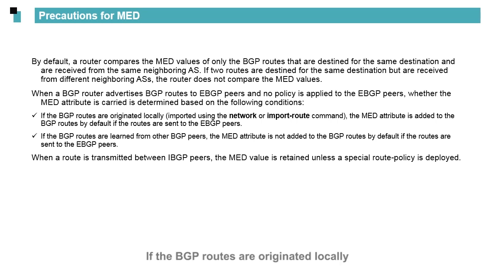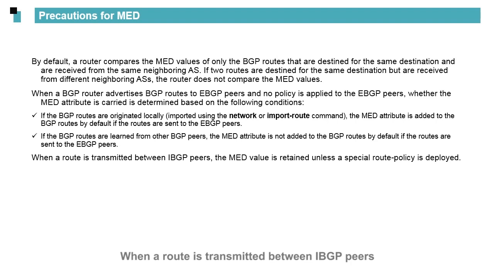If the BGP routes are originated locally, imported using the network or import-route command, the MED attribute is added to the BGP routes by default if the routes are sent to the eBGP peers. If the BGP routes are learned from other BGP peers, the MED attribute is not added to the BGP routes by default if the routes are sent to the eBGP peers.